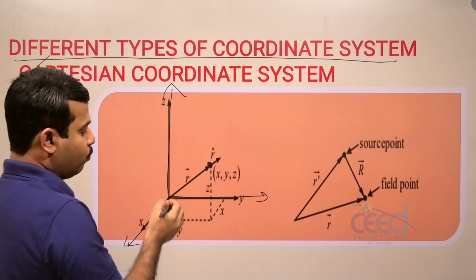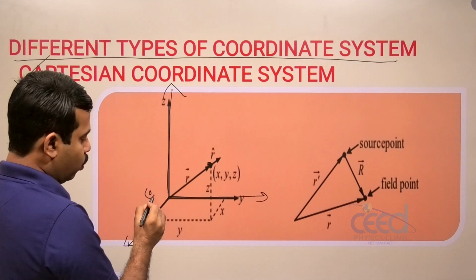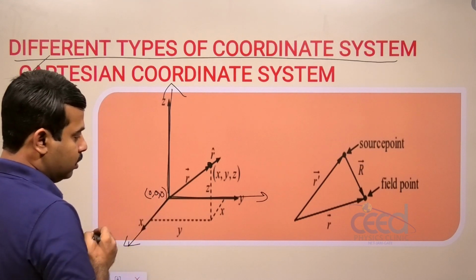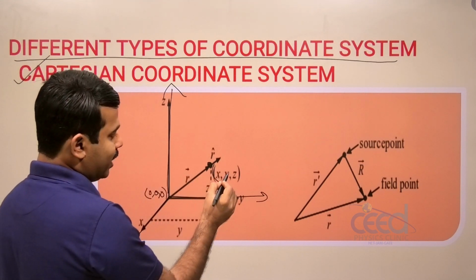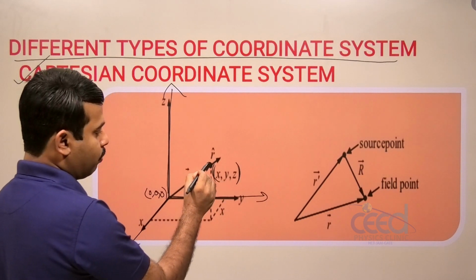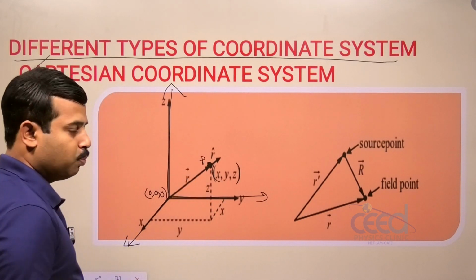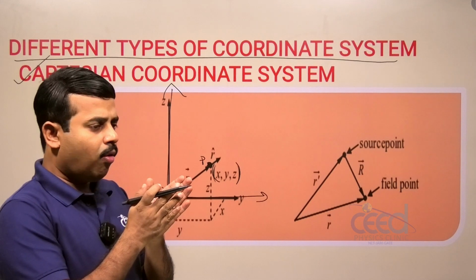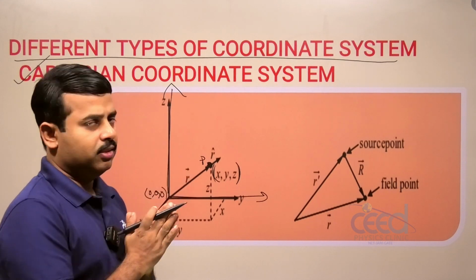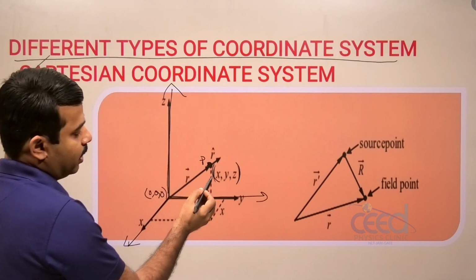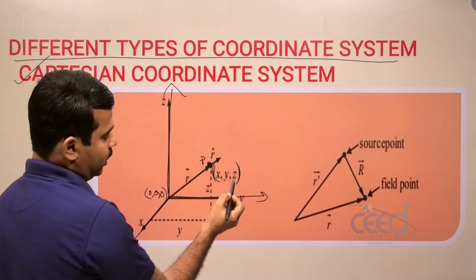From the origin, this is our origin vector. Here is another point x, y, z, where that particular object is fixed. That point we can represent as x, y, z.